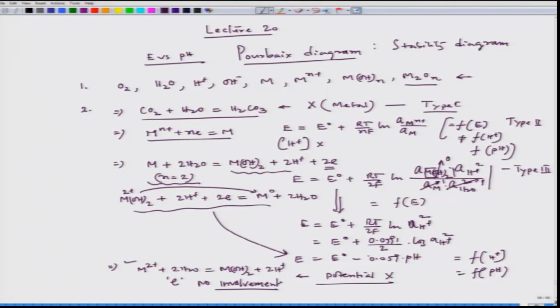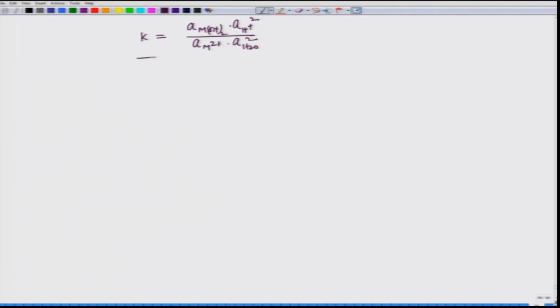If we consider the forward reaction, I can express K to be like this. Whether forward or backward does not matter, because it is an equilibrium constant. Once we write this, we can also simplify this equation. It can be written as log K equal to, as we have mentioned, M(OH)2 settles down, so it is a solid and that too pure.